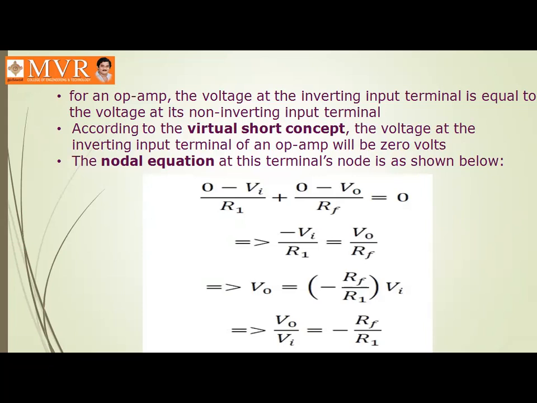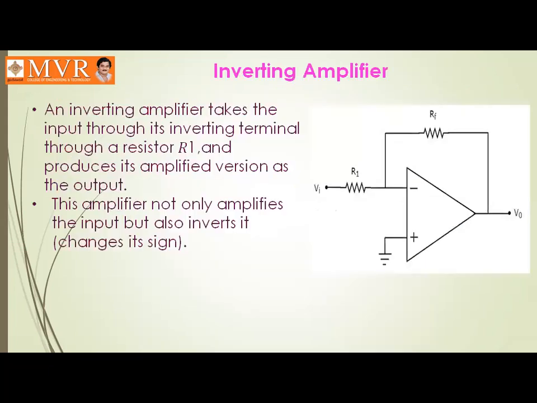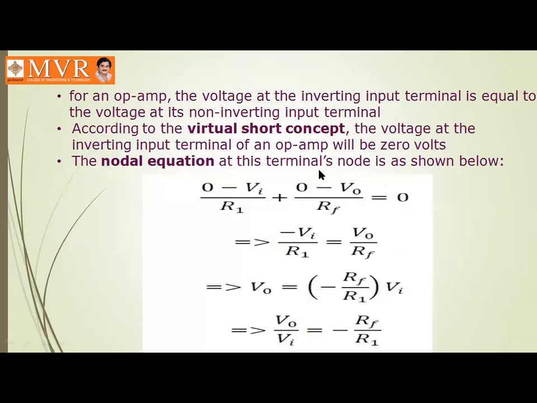Here, as the non-inverting terminal is grounded, we can say that the inverting terminal is also grounded. This is the inverting input terminal node, and this node is also grounded. We assume like that. This concept is the virtual short concept. For an op-amp, the voltage at the inverting input terminal is equal to the voltage at the non-inverting terminal.